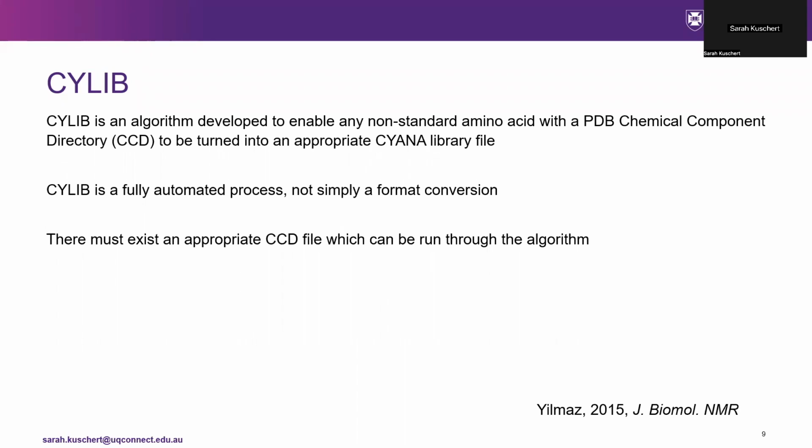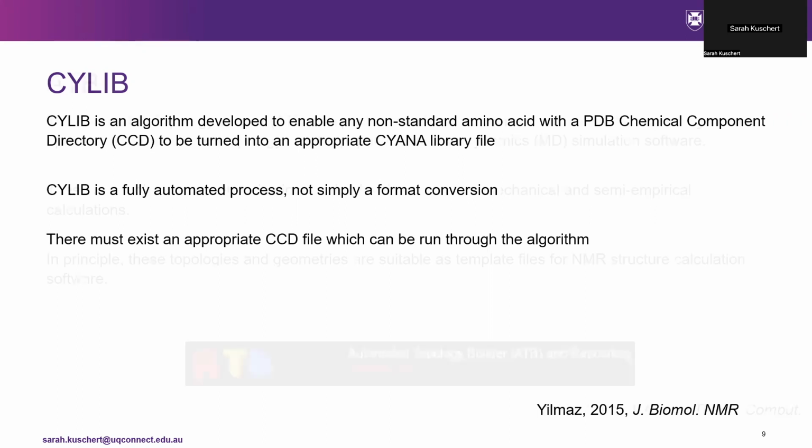If that file is available, you run it through scilib, it produces a library file, which is then amended to the Cyana library. But if a CCD file does not exist, it can't be run through that algorithm. And that is where our work began.